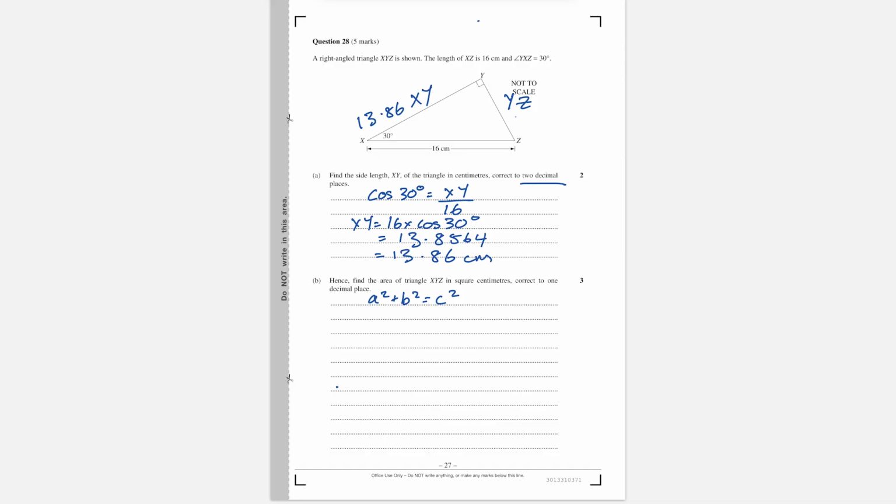In this case, YZ is going to be one of our sides. We'll call it b. So b is equal to the square root of c squared minus a squared. So YZ is equal to the square root of 16 squared take away 13.86 squared.